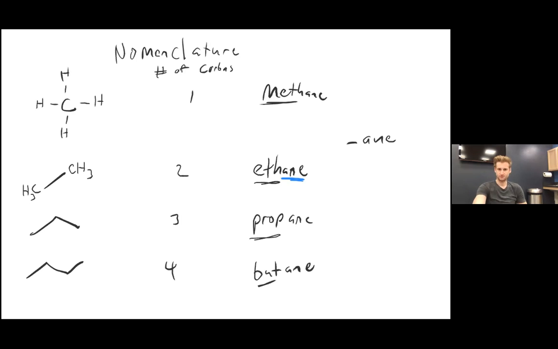So but. 5 is where it starts to get a little bit more logical. So pent, as in like a 5-sided thing, is your normal prefix for that. So pentane, hexane for 6.